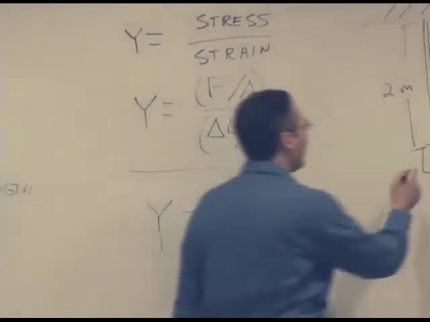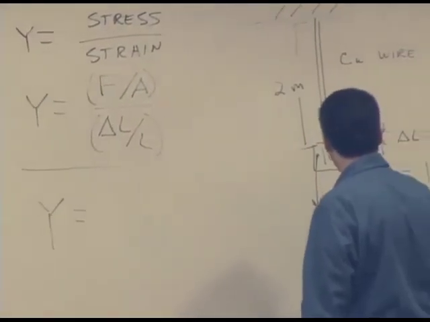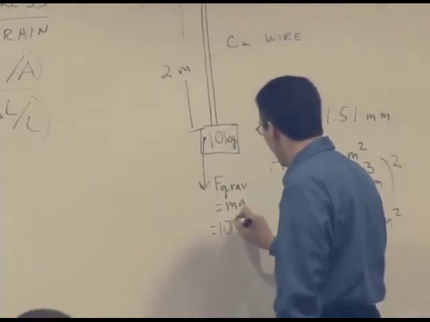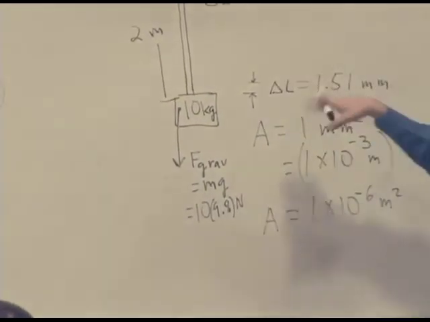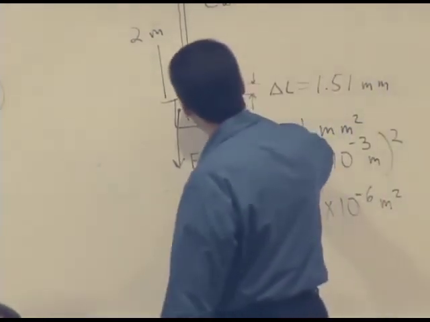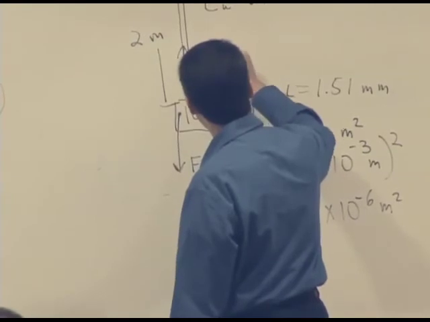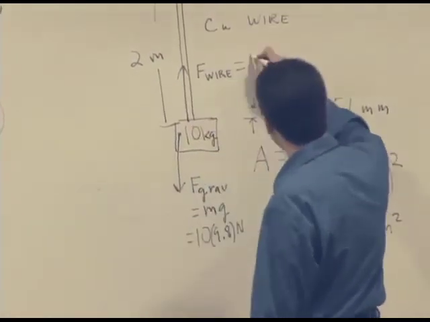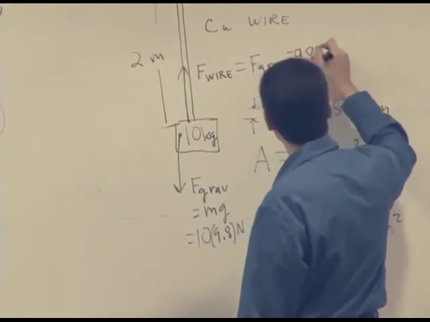We know that if there is gravitational force pulling down on the mass, which is mg, or 10 times 9.8 newtons, then if the momentum isn't changing, it's just hanging there stationary, we know then the net force has got to be equal to 0. If the net force is equal to 0, then the tension force in the wire has to be equal to this. So we know that's going to be 10 times 9.8, or 98 newtons.